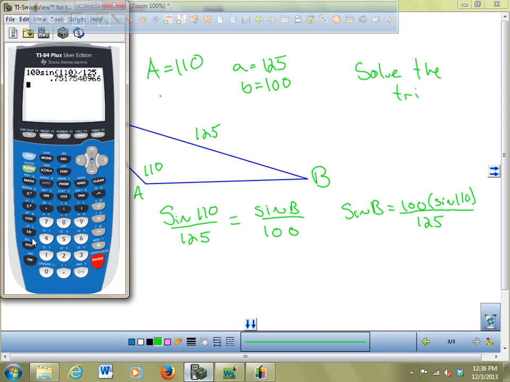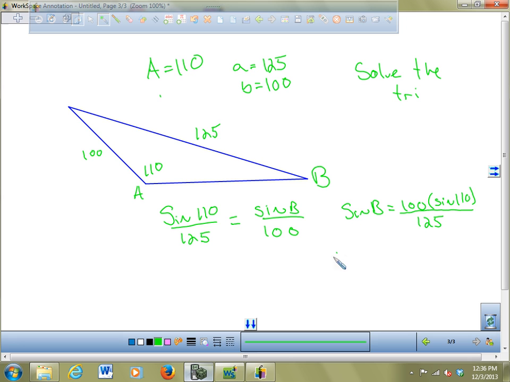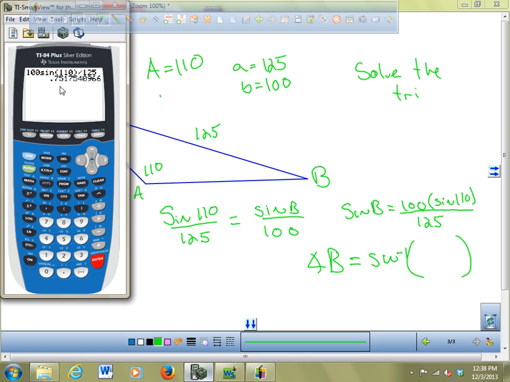Remember that? So what am I going to do with that number? I want the inverse sine. You want B, right? Angle B is equal to the inverse sine of that answer, which I already have in my calculator. So you don't want to round it off or anything like that.